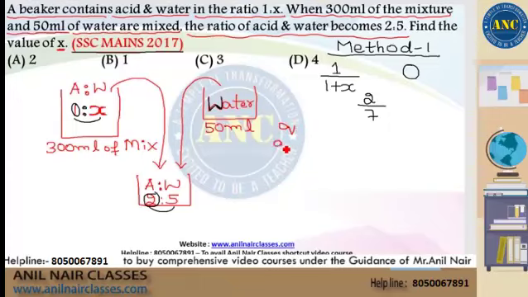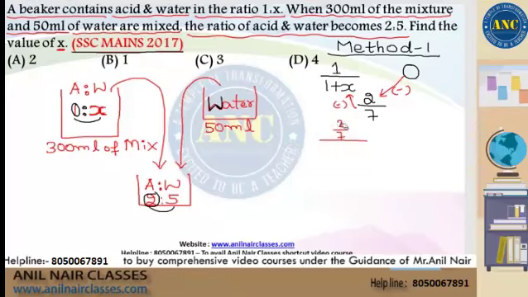Q1 by Q2 is nothing but equal to 0 minus 2 by 7 divided by 2 by 7 minus 1 divided by 1 plus x. But before doing all these things, what we actually know is we do not want to work with fractions.